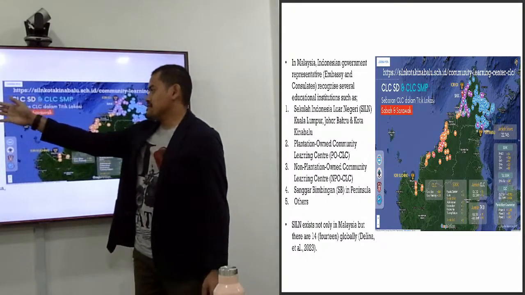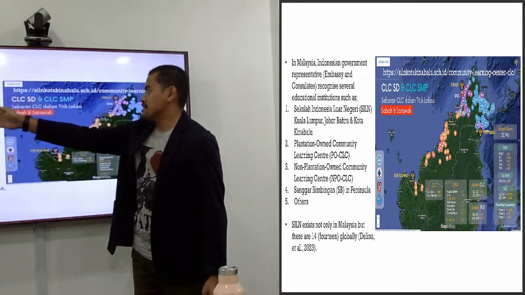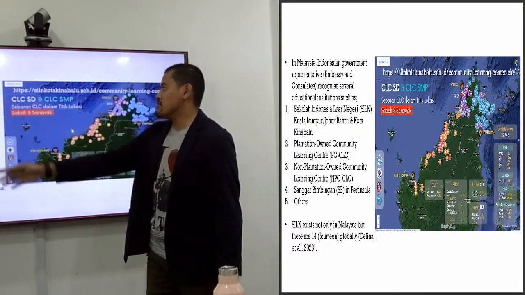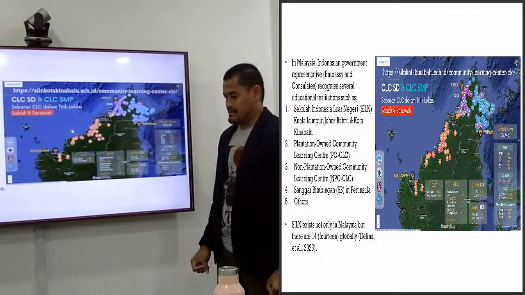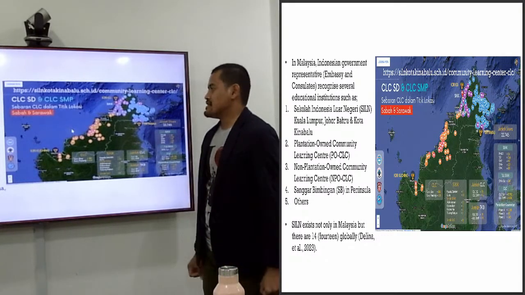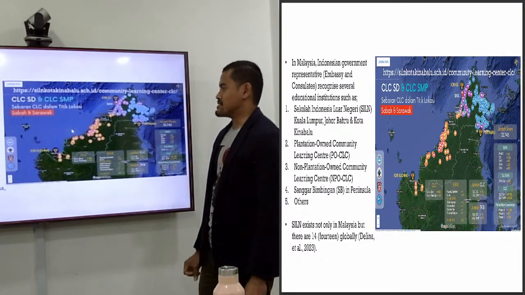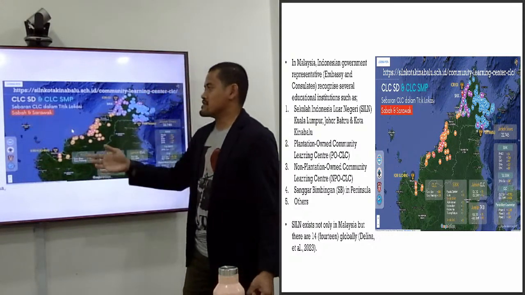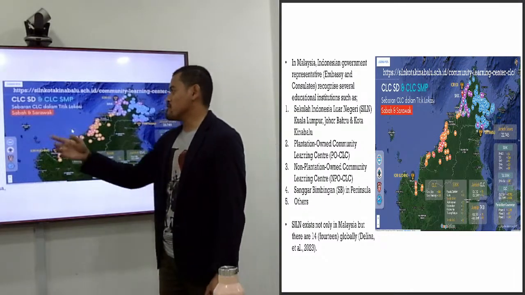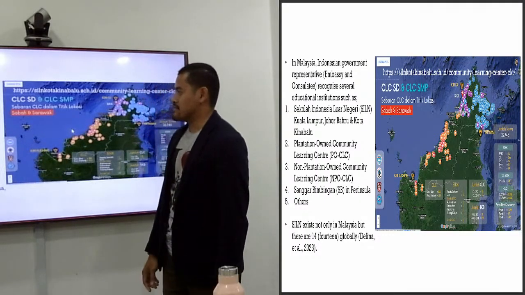These are examples of educational institutions that are recognized by the Indonesian government, and some of them also recognized by the Malaysian government. For example, the Indonesian foreign schools in Malaysia: Kuala Lumpur, Johor Bahru, and also Kota Kinabalu.